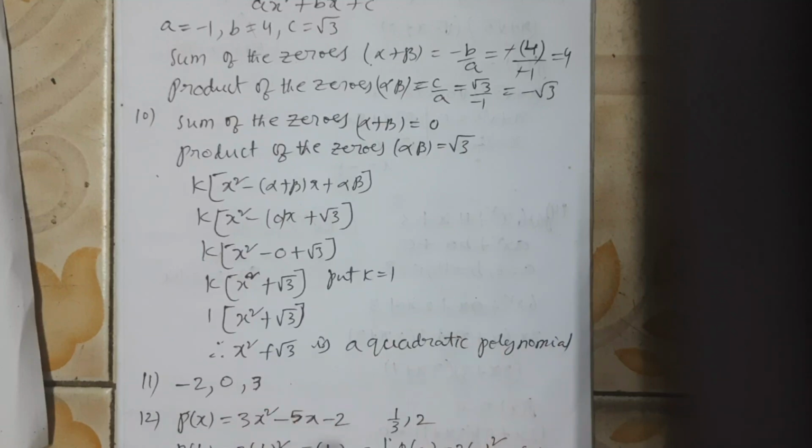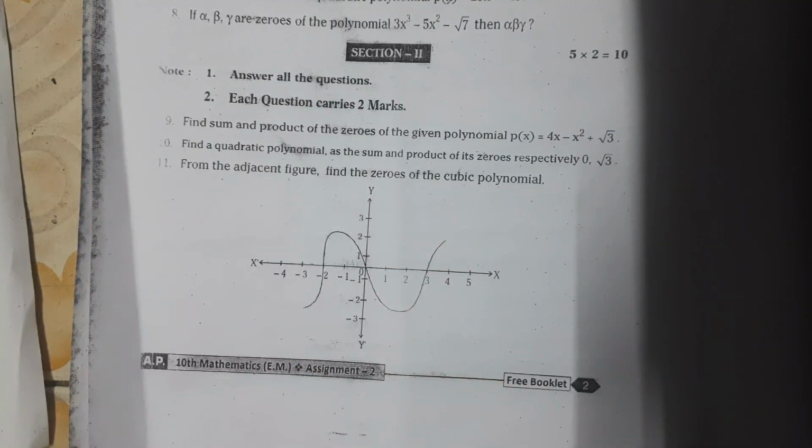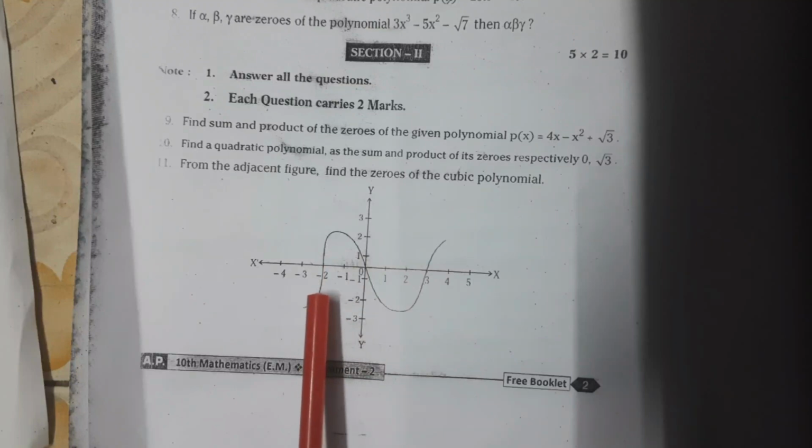Next, in the 11th question, see, number of zeros is not asked. Find the zeros from the adjacent figure is asked. That means where it cuts the x-axis, those are zeros. The curve is given in the figure. That curve cuts the x-axis at minus 2, 0, comma 3.